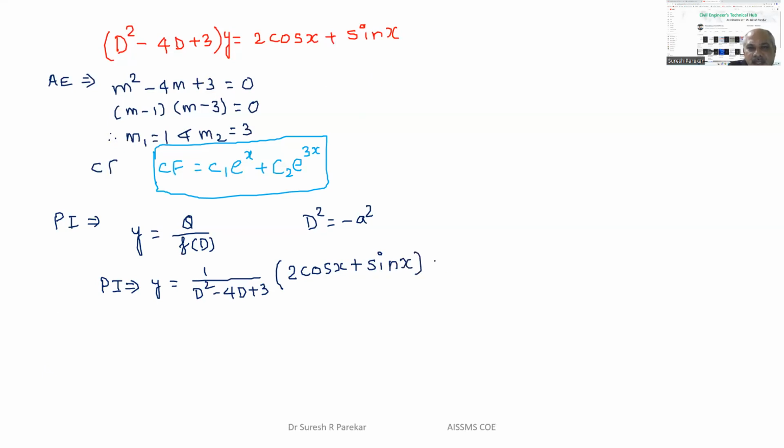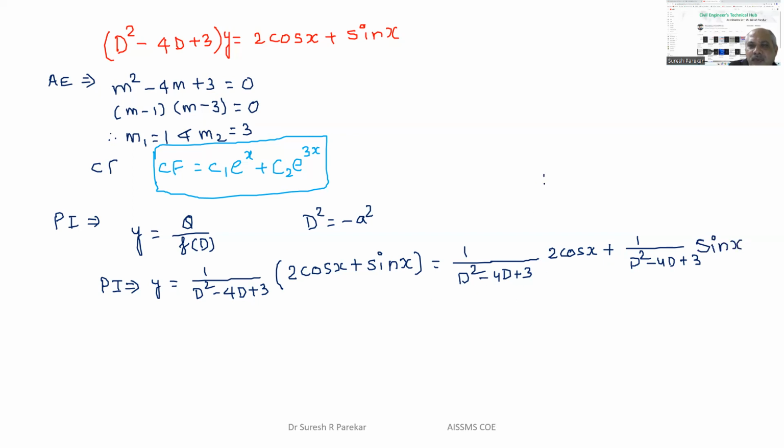Now we will make it separate: 1 upon D square minus 4D plus 3 into 2 cos x, plus 1 upon D square minus 4D plus 3 into sin x.